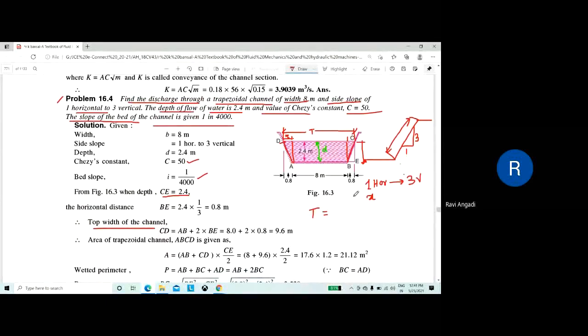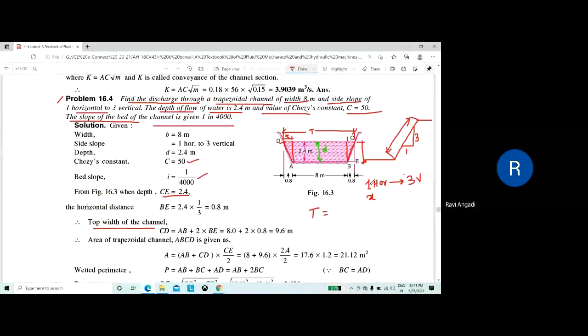The base of a triangle, let us call x. We don't know the width of that because we know the rectangular section bottom width, but we don't know the base of the triangle. I hope you all are understanding.